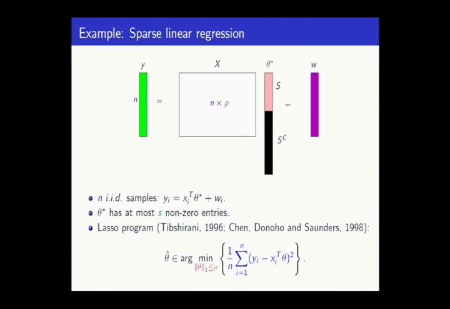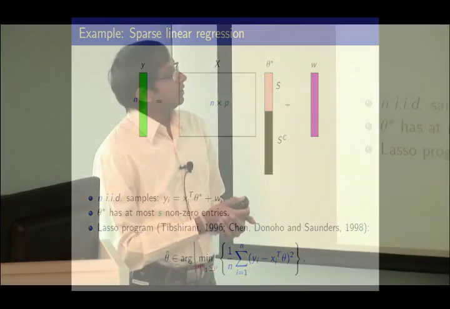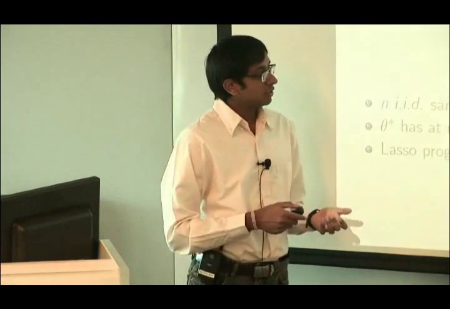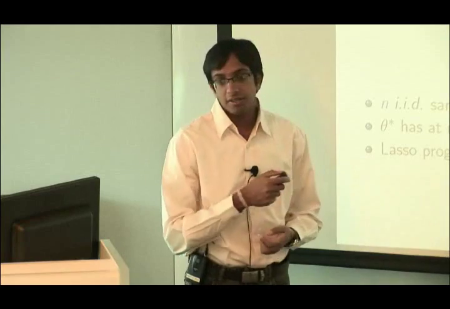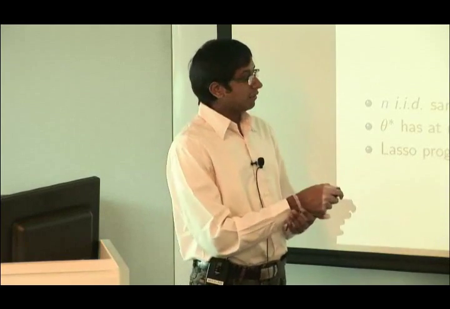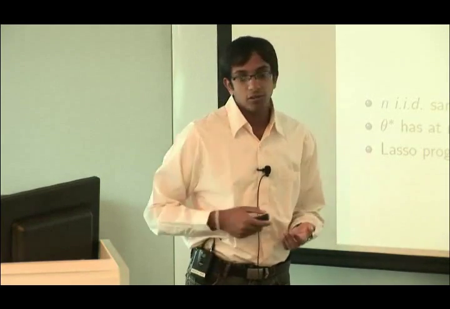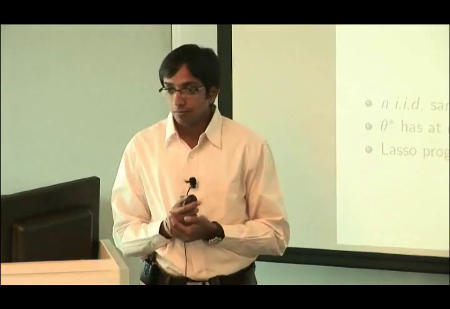Now, to understand the behavior of projected gradient descent on these high dimensional problems, we're going to start with a specific example of sparse linear regression. So the setup is going to be that we've got n data samples. Each sample consists of p-dimensional data vectors x_i, and the regression outputs generated according to the linear model x theta star plus w.